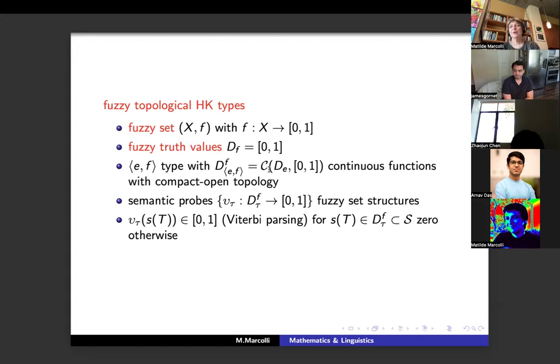You don't have to go through this, taking characteristic functions of compact subsets and so on, because now you have a large supply of continuous functions with values in the interval 0, 1 that are non-constant. So you can just uniformize this construction of types without having to make a separate case for where your target is discrete.